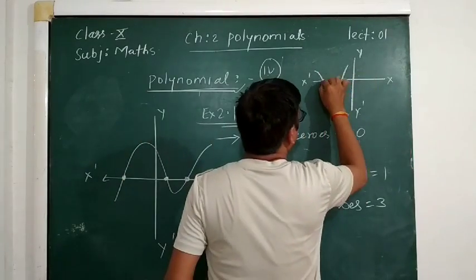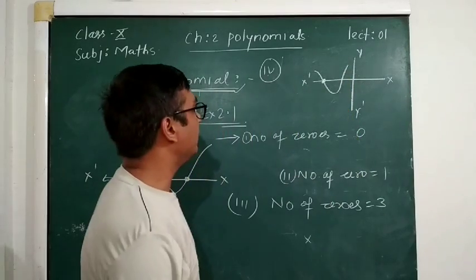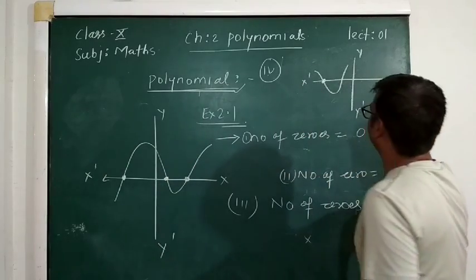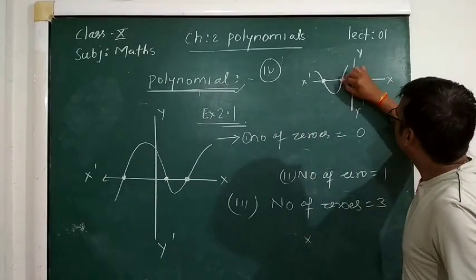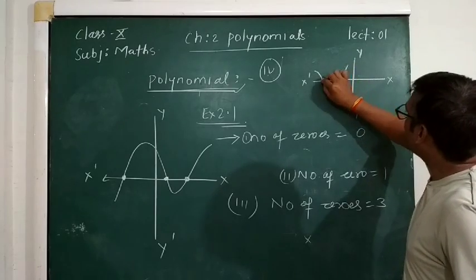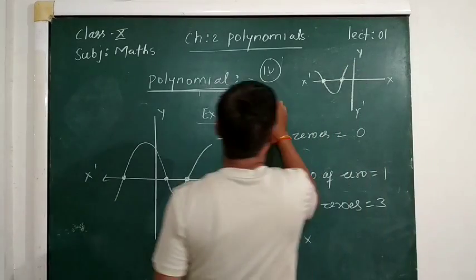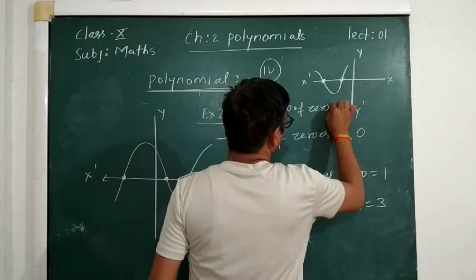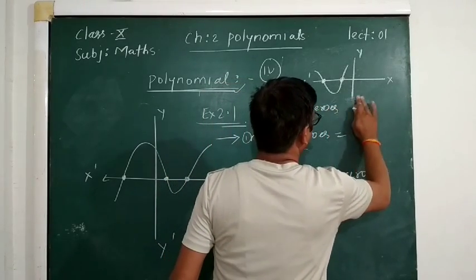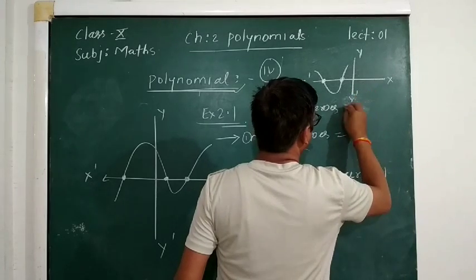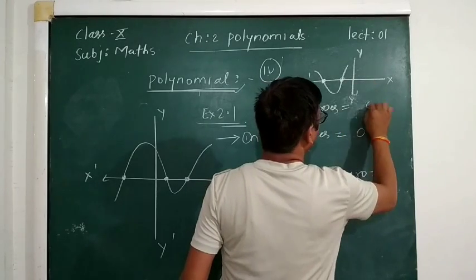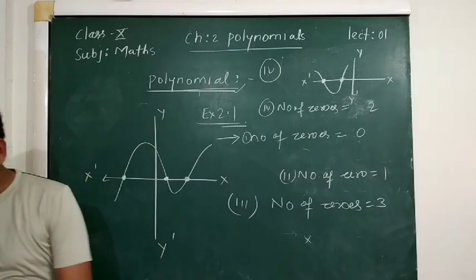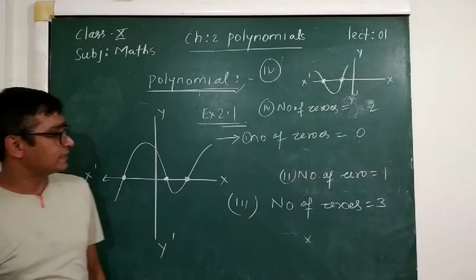So this curve is intersecting the x axis at 2 points, here and here. So 1 and 2. So you will write the fourth answer: number of zeros is equal to 2. In a similar way, we can find out the rest of this, the fifth and sixth.